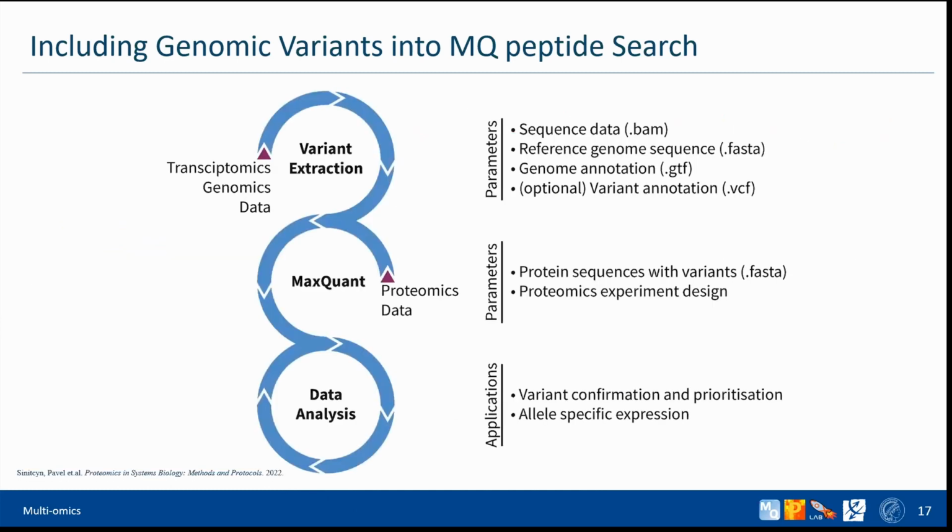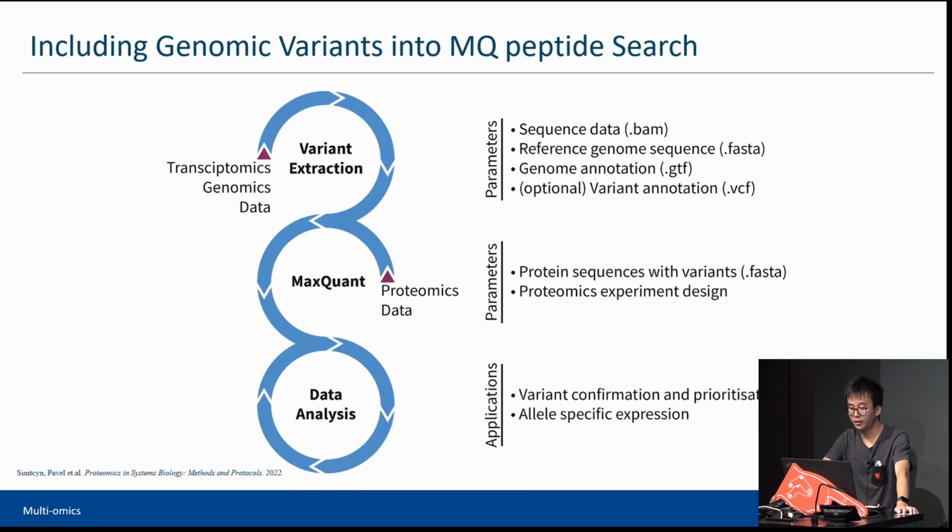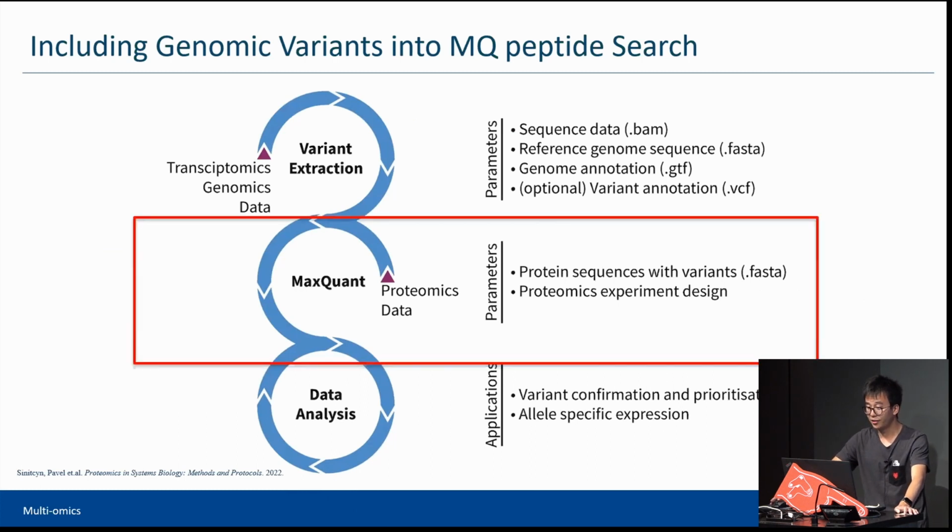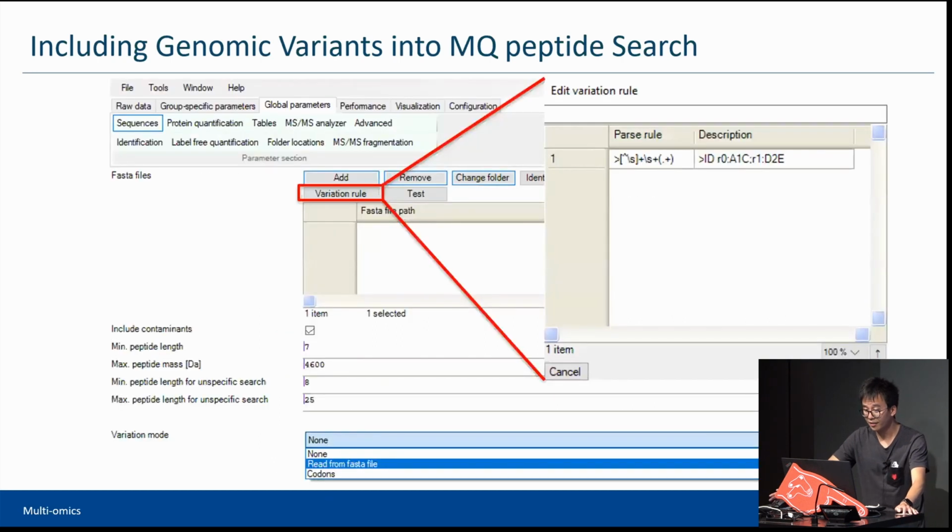Now we have a protein database with extracted genomic variation. We can do the database search with this database, and you will need to modify some parameters for the sequence database to activate this.